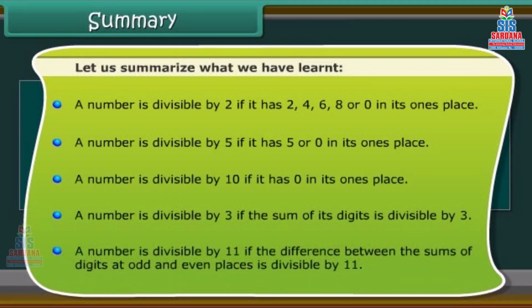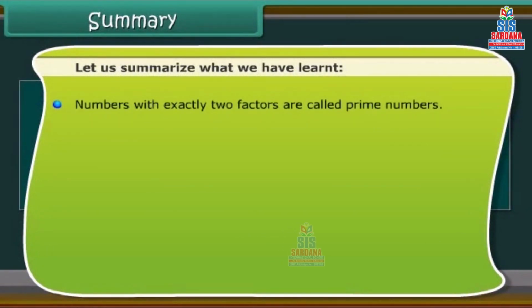A number is divisible by 11 if the difference between the sums of digits at odd and even places is divisible by 11. Numbers with exactly 2 factors are called prime numbers.